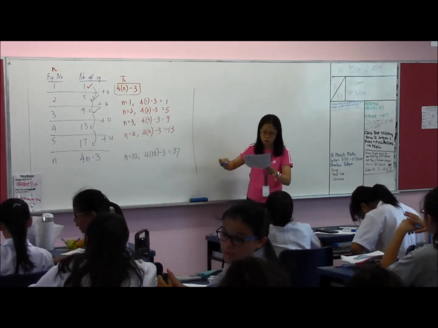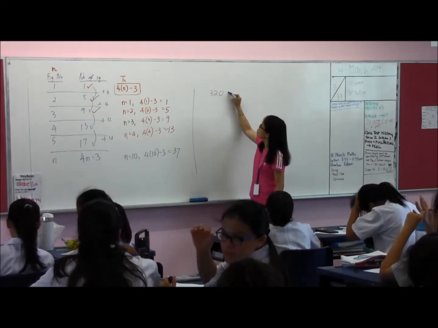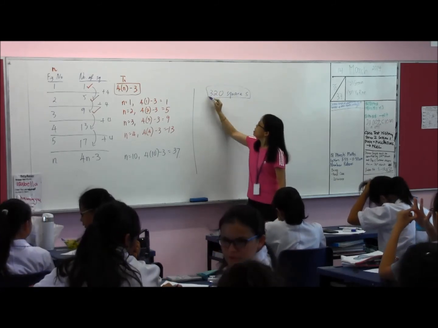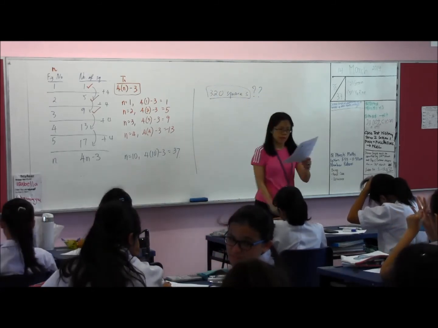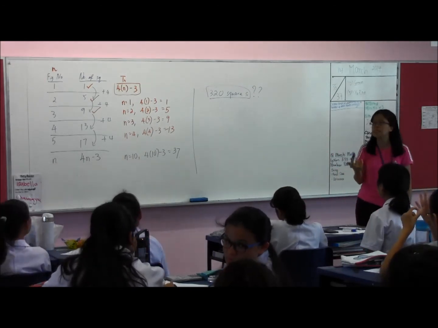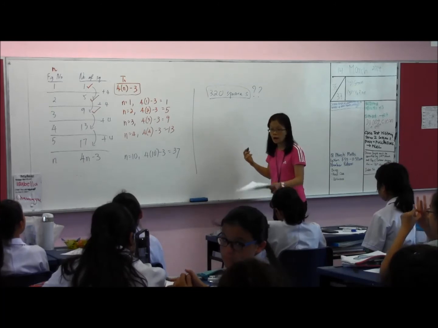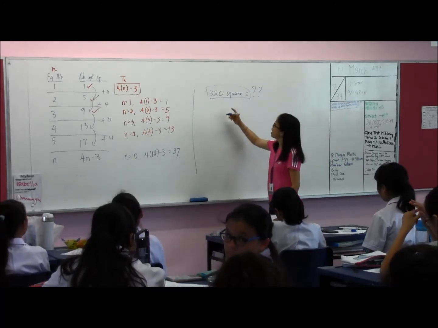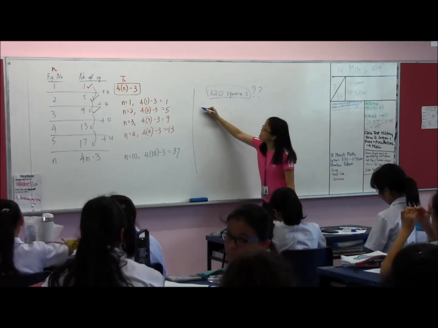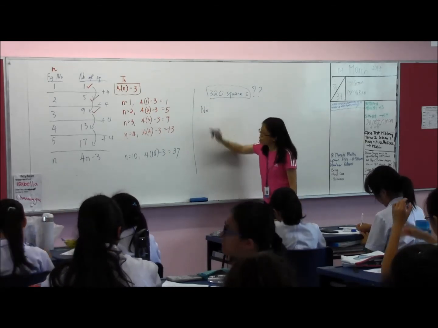So now how do I know if the pattern will have a figure that has 320 squares? The answer is not a number. So you cannot say it like that, you must show some working. So your answer is no. Do some working.